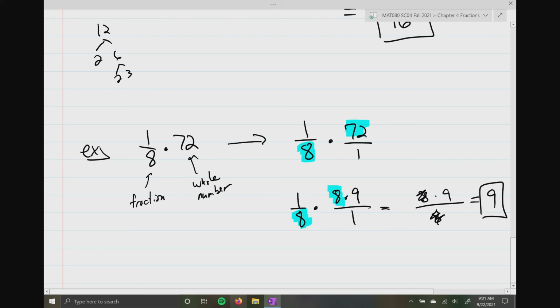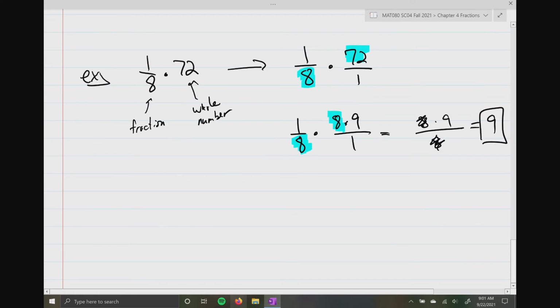If you were to break this all the way down into its prime factorization, remember 8 is 2 times 2 times 2. 9 is 3 times 3. And then you were to put them in order: 3 2s and 2 3s.